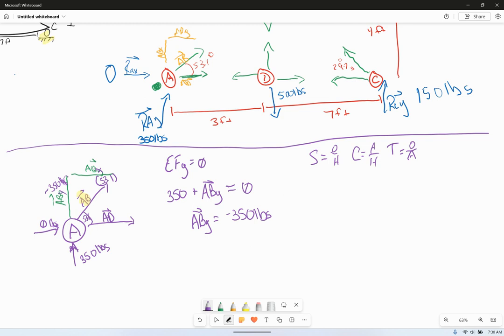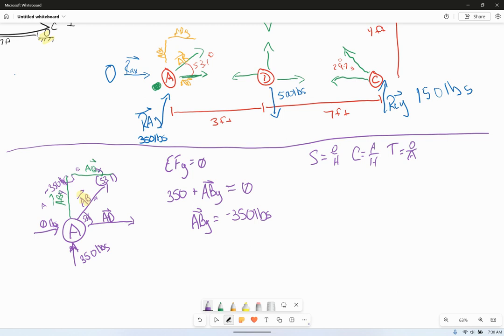What we're going to do is use the sine. I do not know the hypotenuse, so I'm trying to solve for the hypotenuse. So this is my hypotenuse, and I've got my right triangle here. I know that this is my opposite, and this is my adjacent.